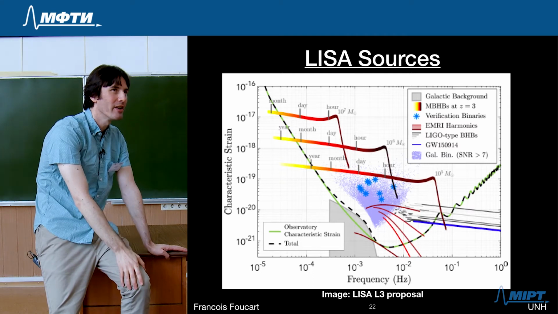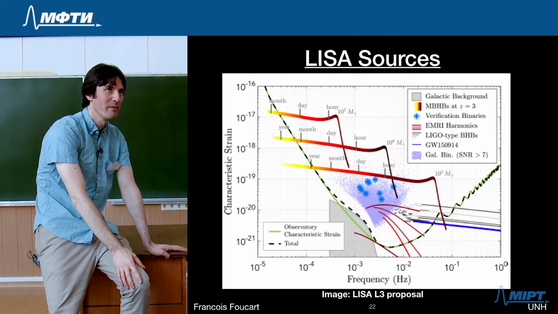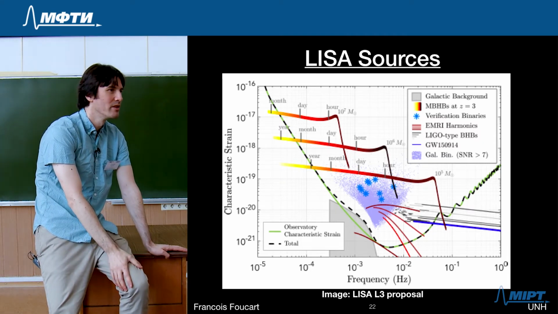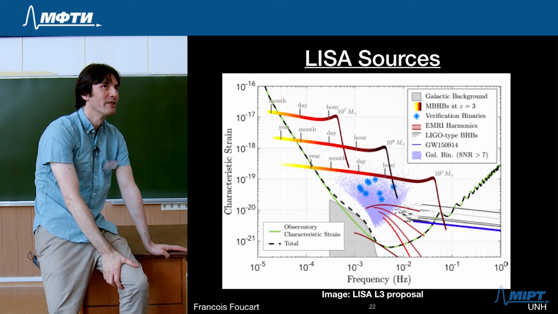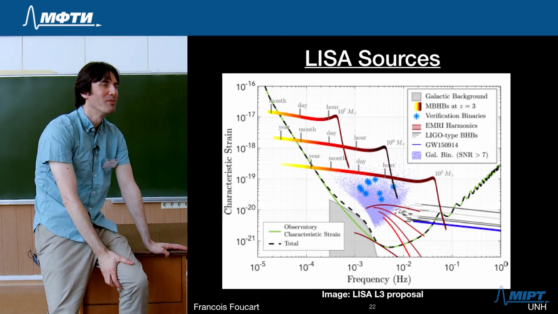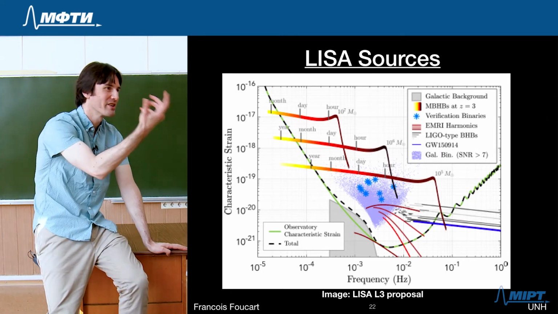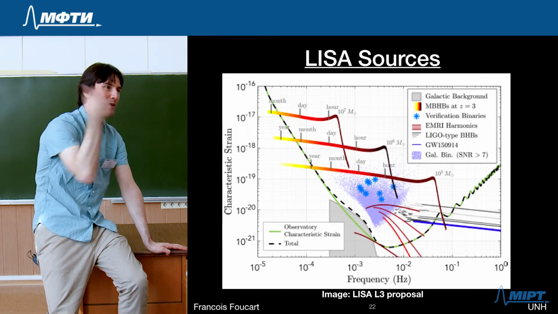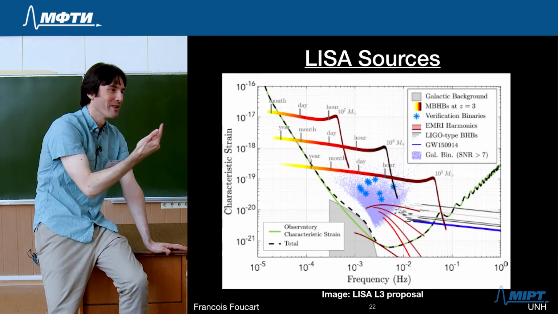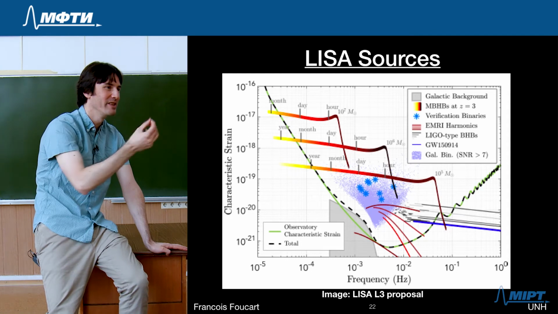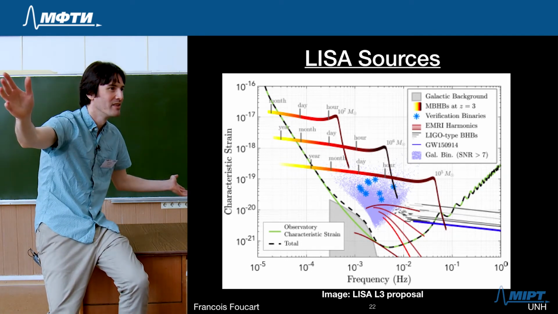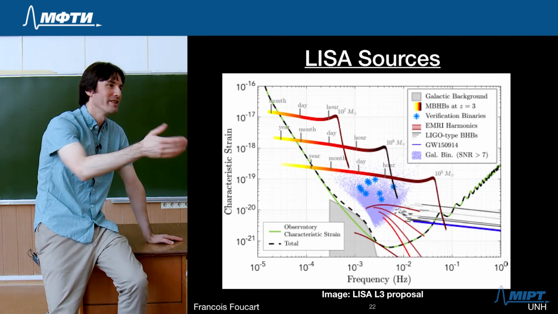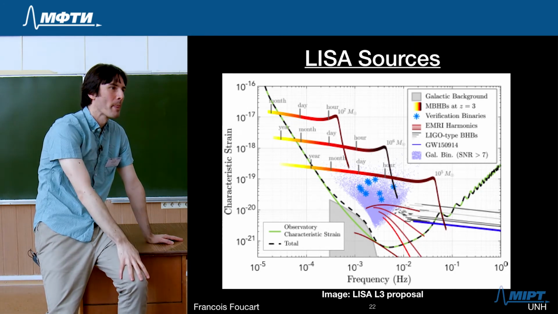A standard tidal disruption event, because it disrupts very close to the black hole, is not that different from a black hole or a neutron star getting close to the black hole on the same orbit. Only the very end changes. But these rely on many orbits around the black hole of a single object, whereas a TDE is basically one passage and you disrupt. So there's not much signal in there.